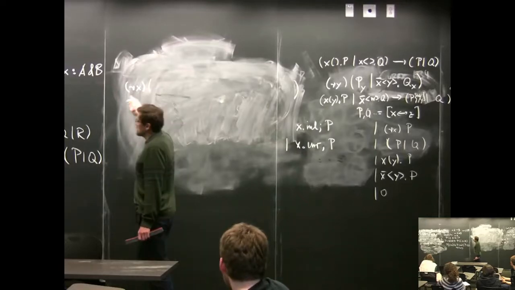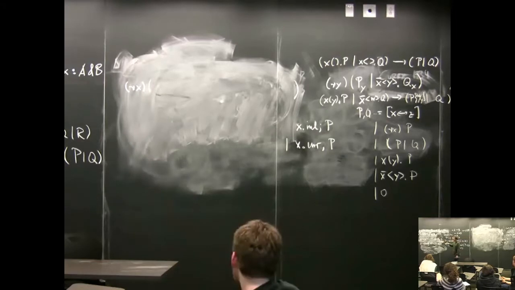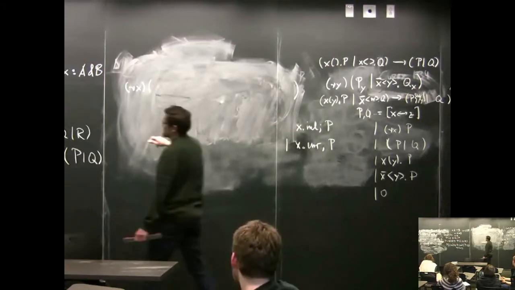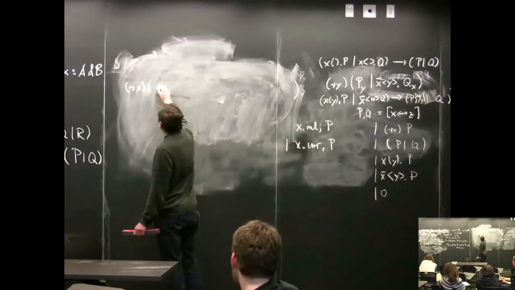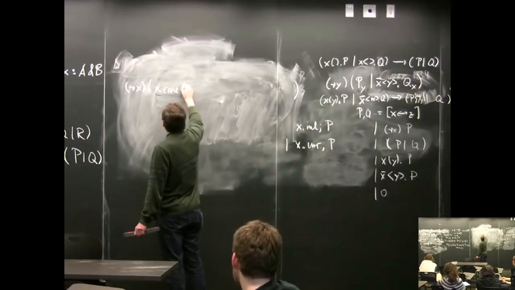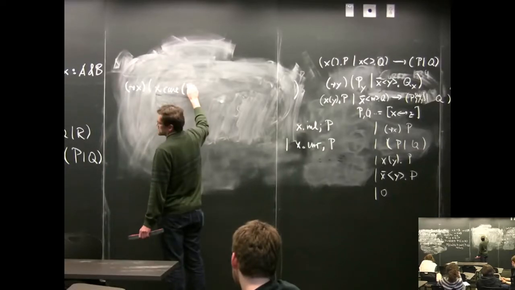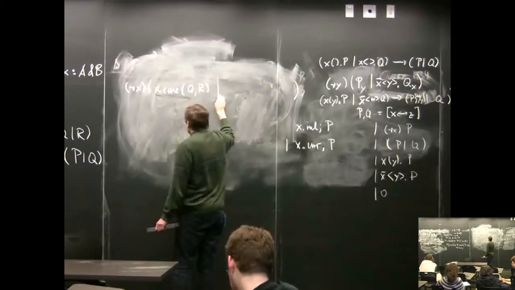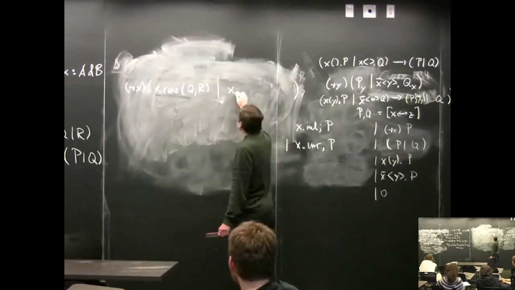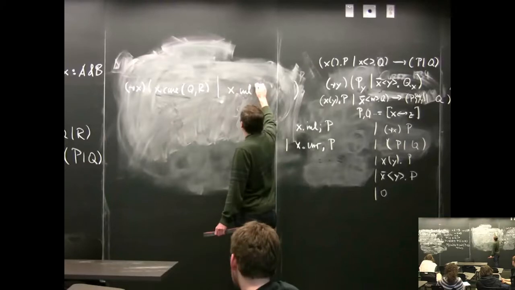Actually, because this is the right rule, and the right rule occurs in the left premise of a cut, sorry about that, this is actually the case part. Case QR. In parallel with, and here we have X dot in left followed by P. So that's just the cut.